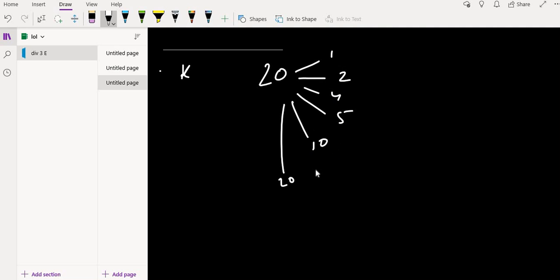So we check for all of these factors the maximum length we can form for that beautiful string. So we'll check the maximum length of a 1 beautiful string that we can form, the maximum length of the string that is 2 beautiful, the maximum length of the string that is 4 beautiful, and so on. And we store it in a global maximum, and that is going to be the final answer.